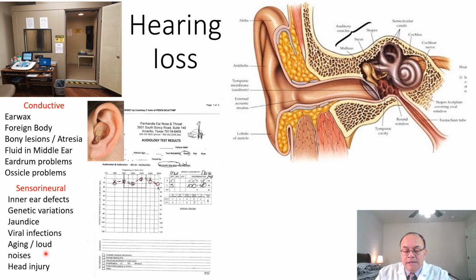It can be due to aging, presbycusis, that is to say, as we get older, we lose hearing. It can be due to exposure to loud noises, such as a loud, noisy theater or a jackhammer. Or it can be due to head injury, where a fracture involves the inner ear.